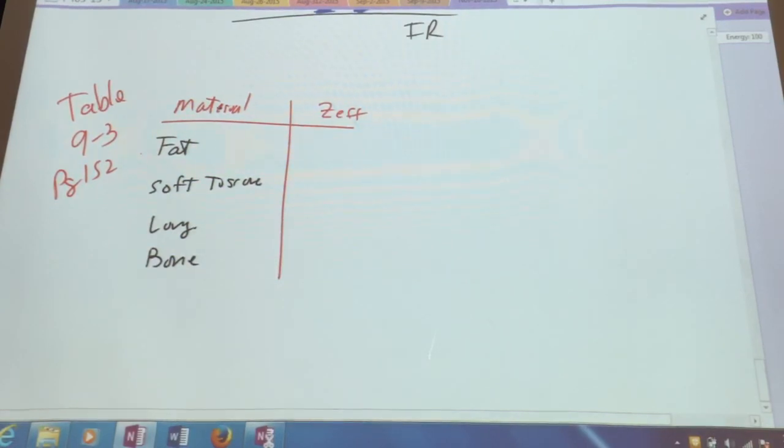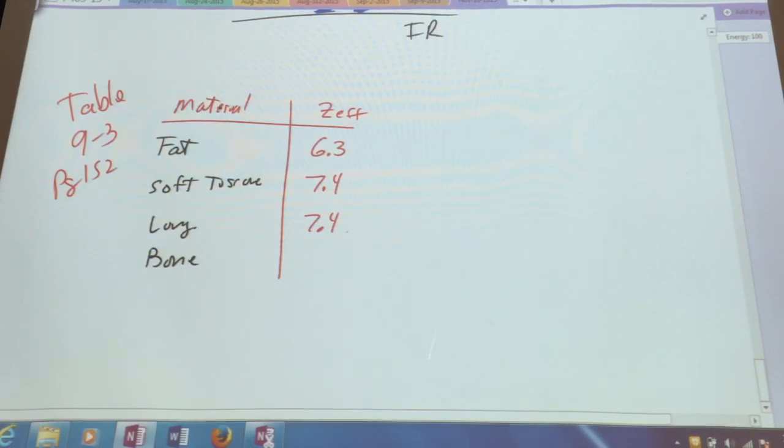So what is fat probably made up of? Water, carbon, and things like that. And so the effective atomic number is 6.3, if you average all of the stuff together. Soft tissue, 7.4. Lung, 7.4.